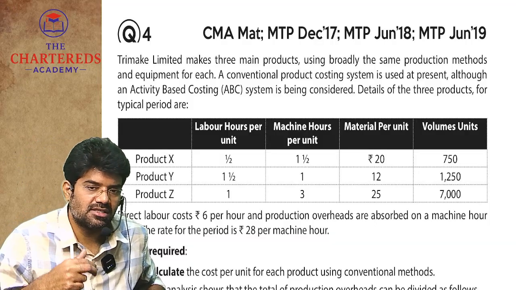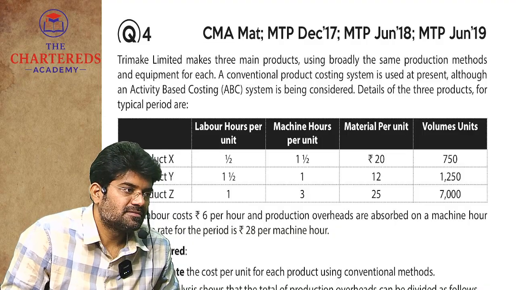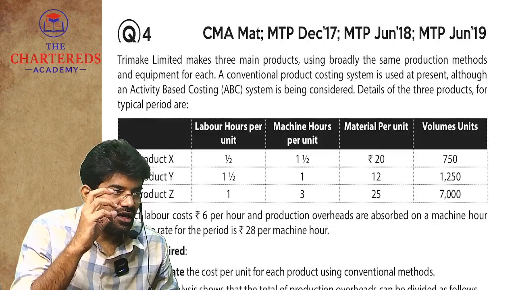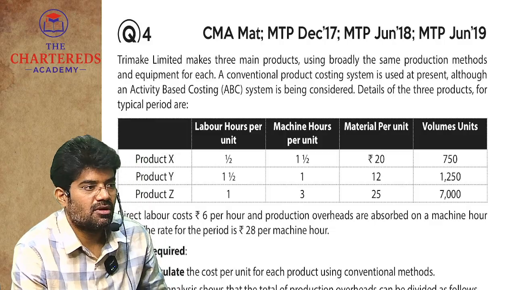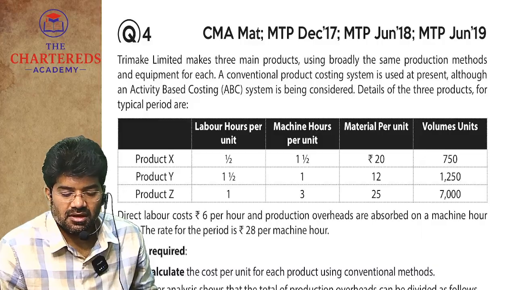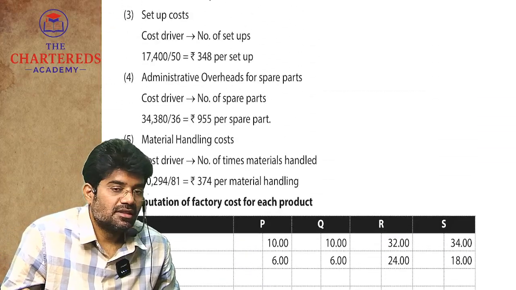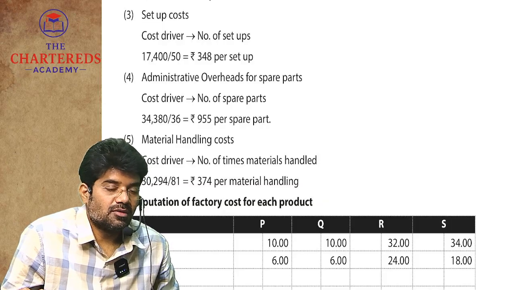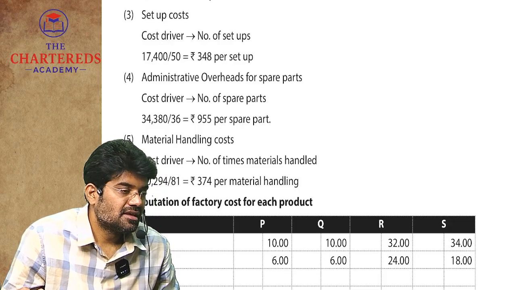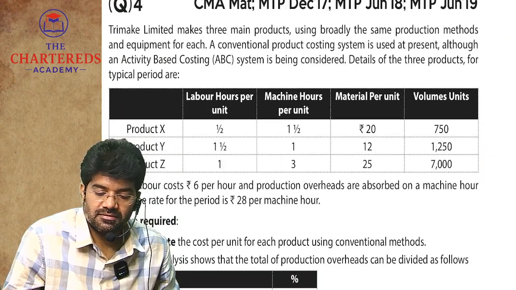Under every question, what do you write? Under the answer, write the unique point in that question. Before the exam, what should you do? You should revise those unique points. That is how you can revise all problems. So in the previous problem, the unique thing is that the activity cost driver volumes are not given directly. Even machine hours are also not given directly. So we have to compute them.